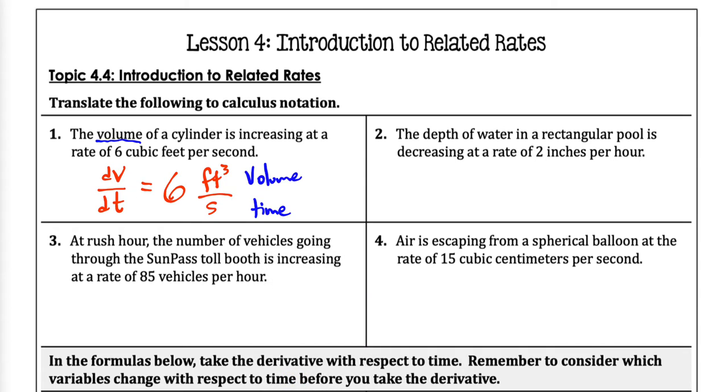Okay, 2. Depth of water in a rectangular pool is decreasing at a rate of 2 inches per hour. So 2 inches per hour, we'll just start by putting that. Decreasing would mean negative. Okay?